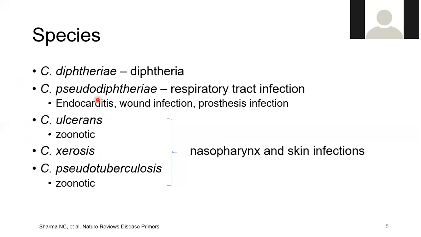Corynebacterium pseudodiphtheriticum causes respiratory tract infection, but also endocarditis, wound infection, and infection of prostheses. Corynebacterium ulcerans is mainly zoonotic, found in animals, but also transmitted to humans. Corynebacterium xerosis and pseudotuberculosis are found mainly causing nasopharynx and skin infections in humans.